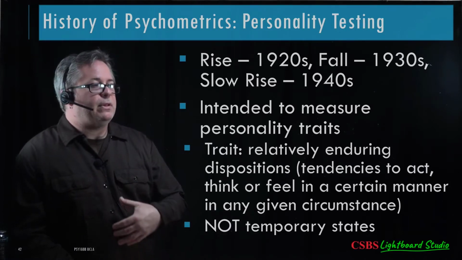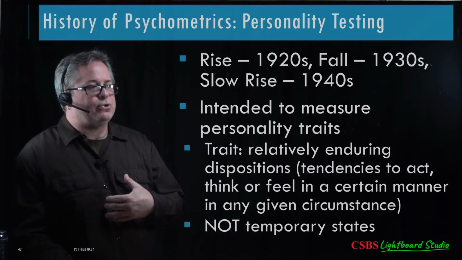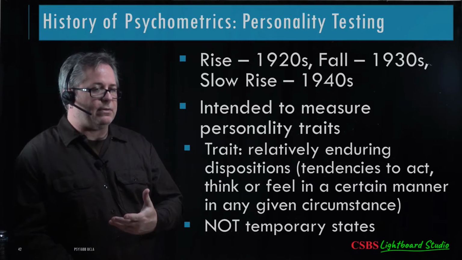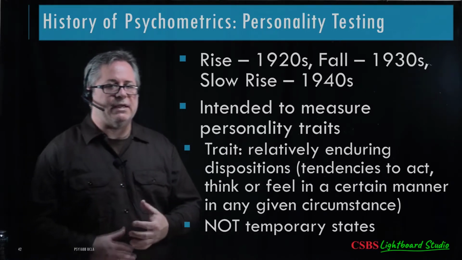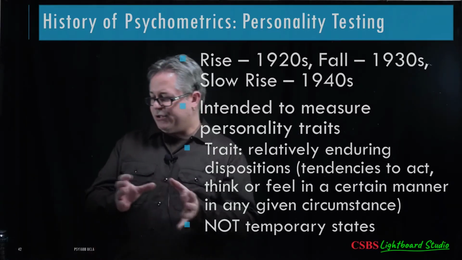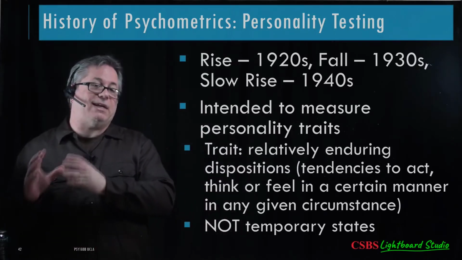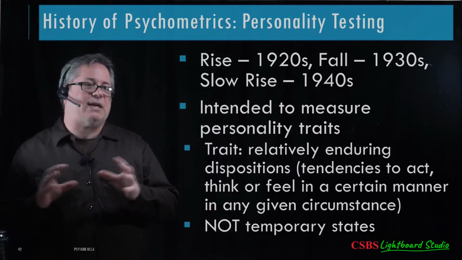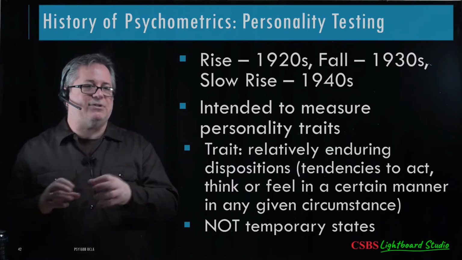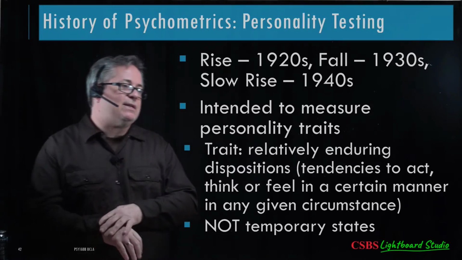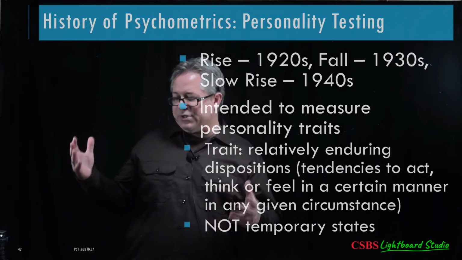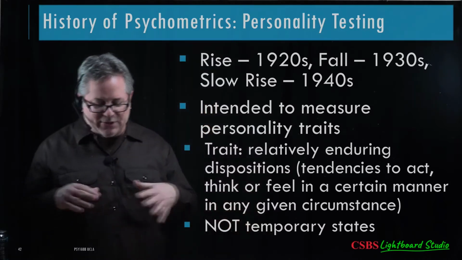So these were intended to measure traits. You'll hear a lot about scales that measure state versus trait levels. There are state and trait versions of anxiety scales: state anxiety and trait anxiety. State anxiety measures your anxiety in a temporary condition.